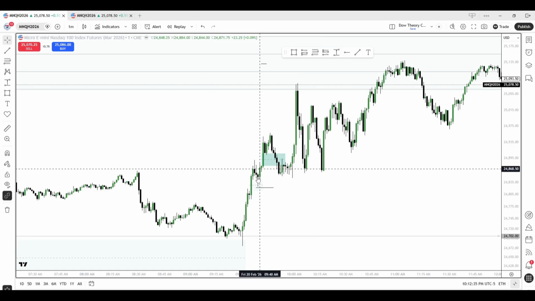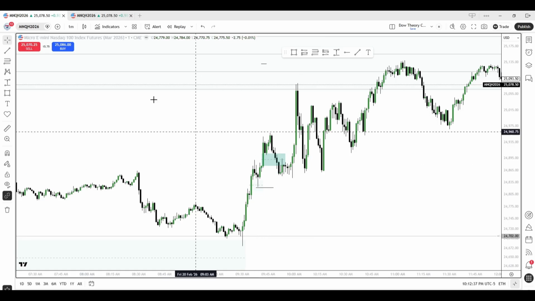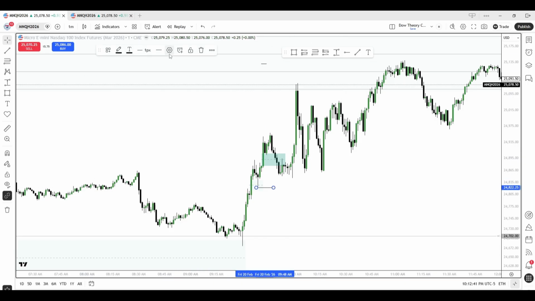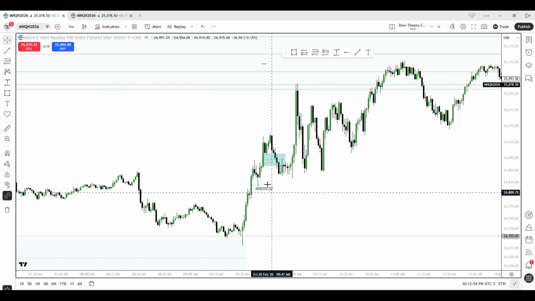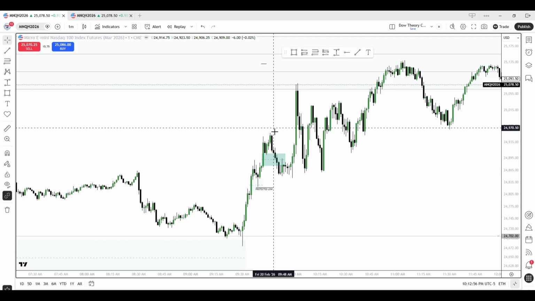If price is trading higher, this should be a protected low. Right, so if this is a protected low, then if my directional bias is correct, that low shouldn't be traded to at all. So that's what my stop loss was.